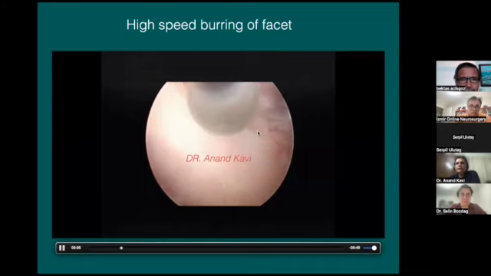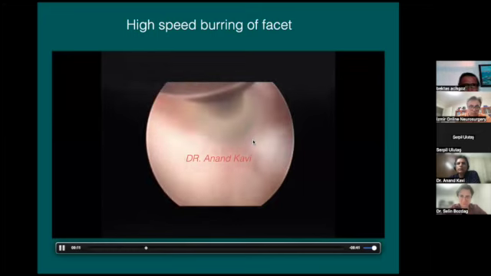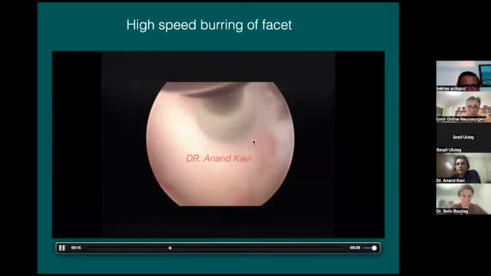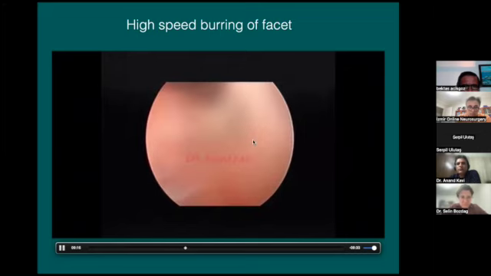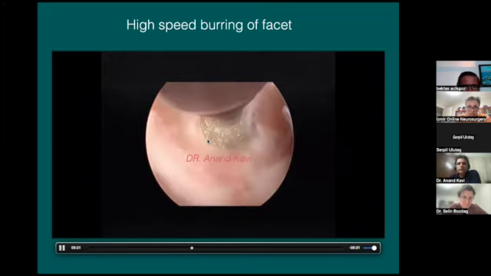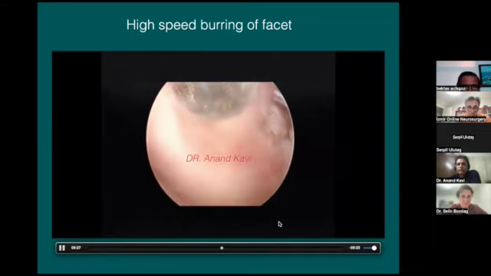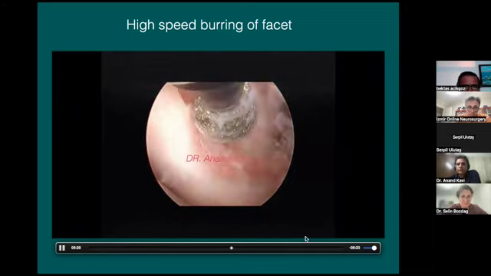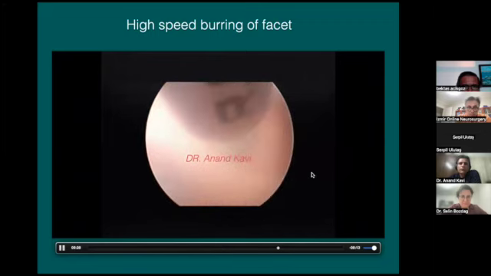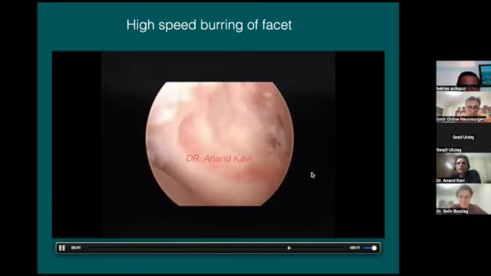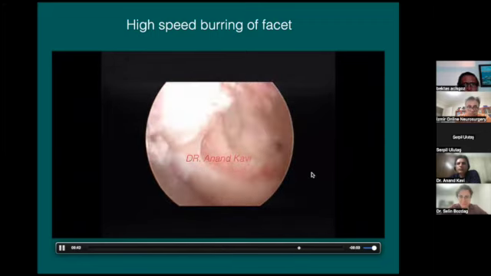Just enlarge the window. You do not cut the bone around the pars, or destabilize the segment by cutting the entire facet. You just want to reach up to the free superior edge of the ligamentum flavum. So you can appreciate the clear vision due to the surgery being done under irrigation.